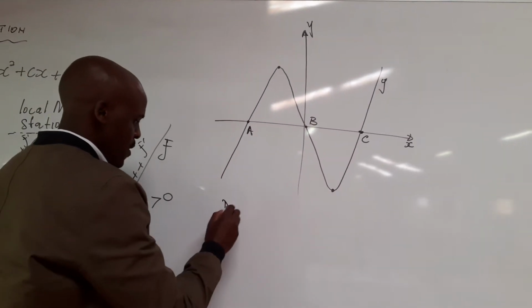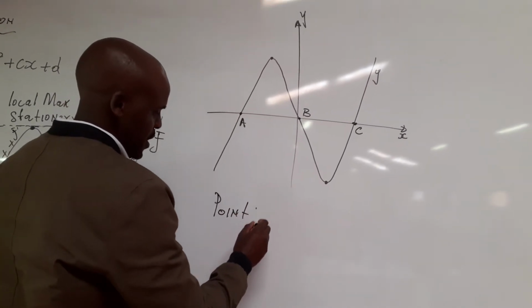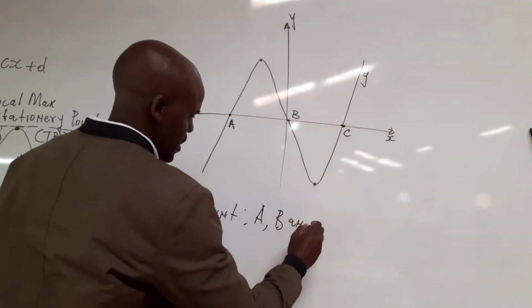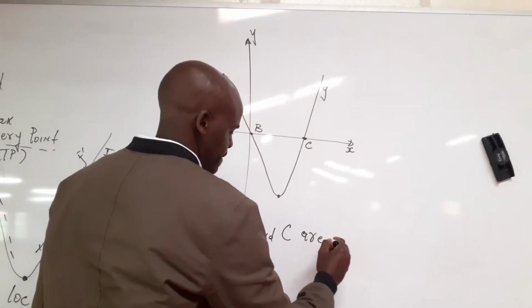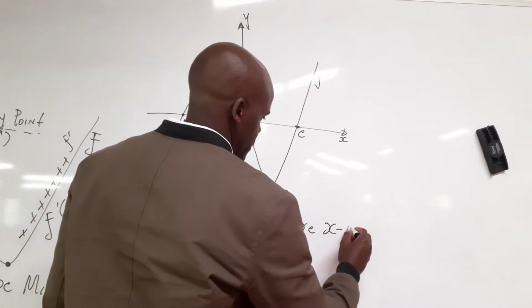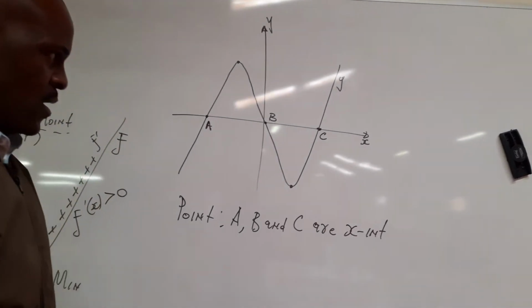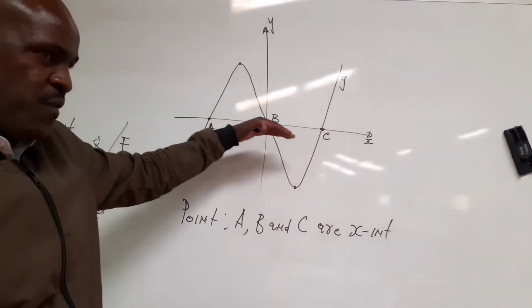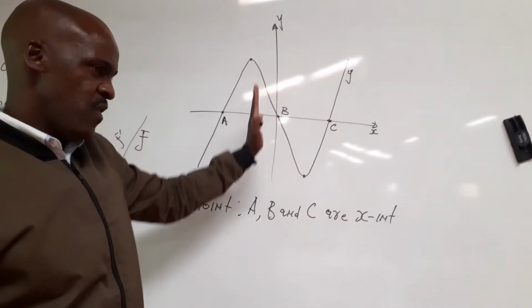So points A, B, and C are the x-intercepts.